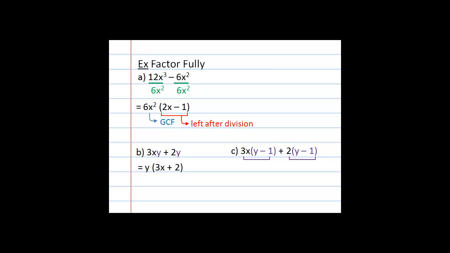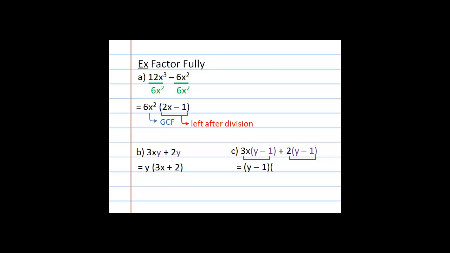Okay? So like I said, we're going to compare the two. Where there was a y in part B, we've replaced it with the binomial y minus 1. So you'll notice that in the two terms, that y minus 1 is my greatest common factor, or the common factor to the two terms. It's the binomial factor instead. So I'm going to do the same thing that we did with the previous example, and I'm going to take that y minus 1 that's common to both of those terms, and take it outside.